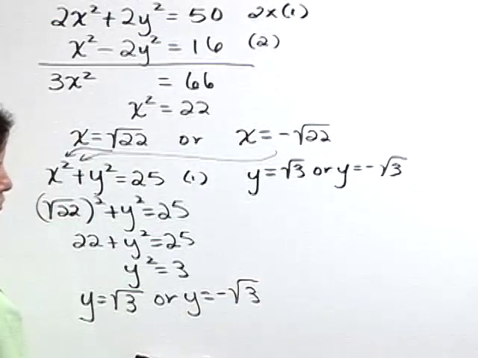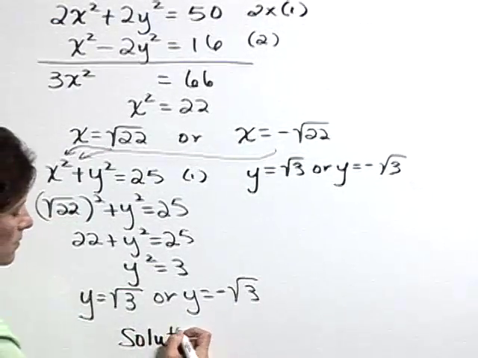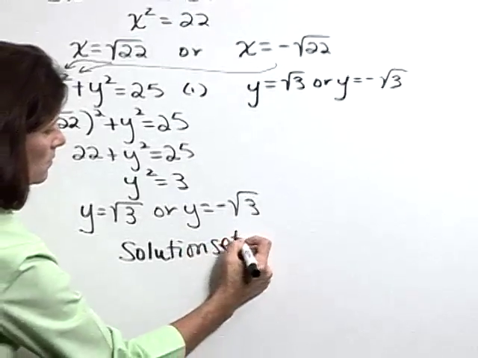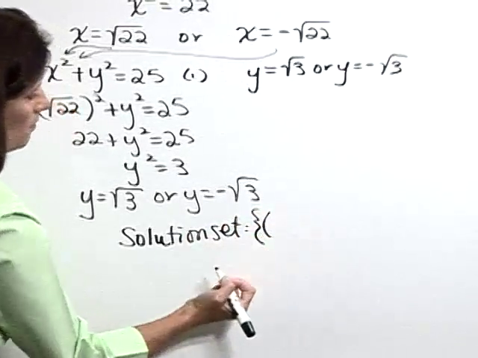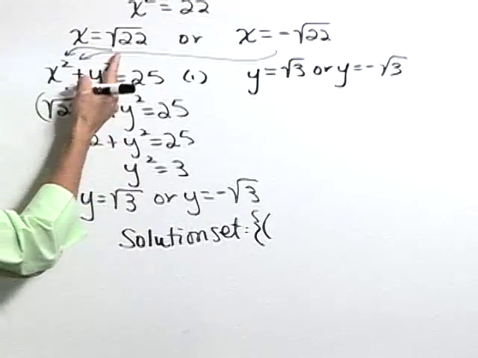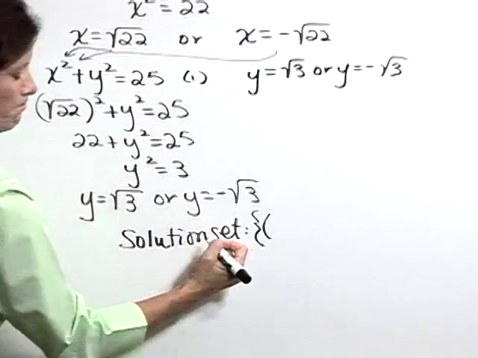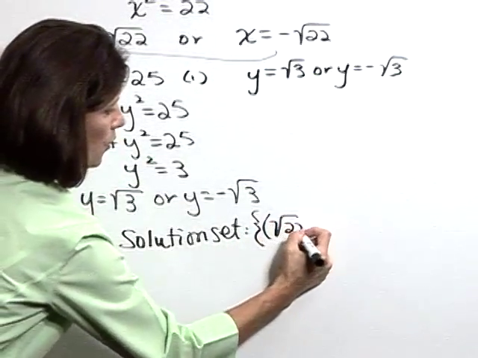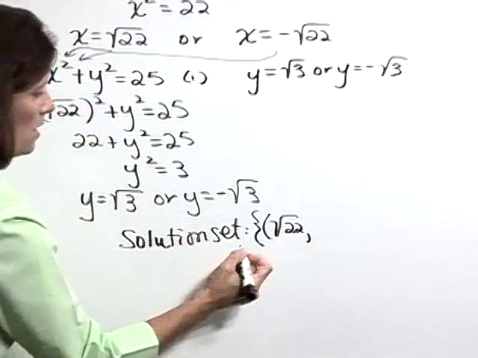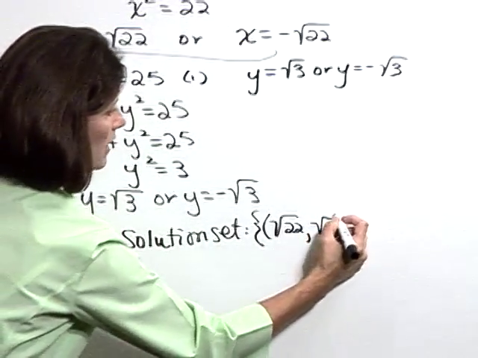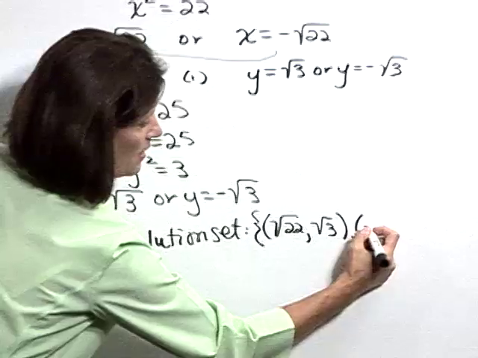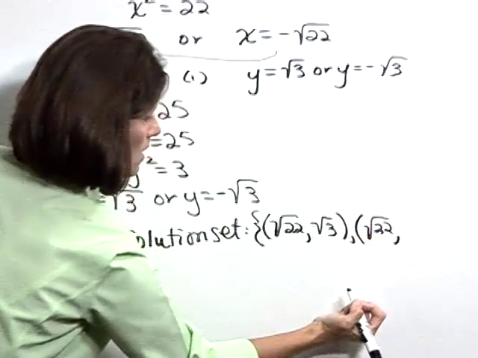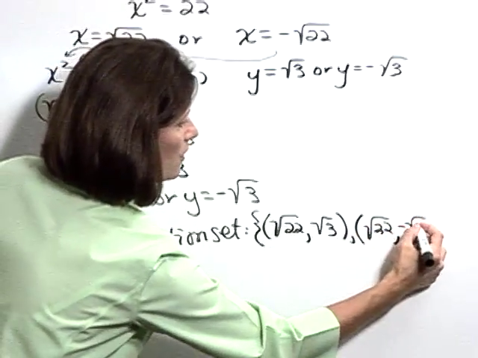Let's describe our solution set now. Starting with our x value of square root of 22, we've got the square root of 22 paired with the square root of 3, and the square root of 22 paired with a negative square root of 3.